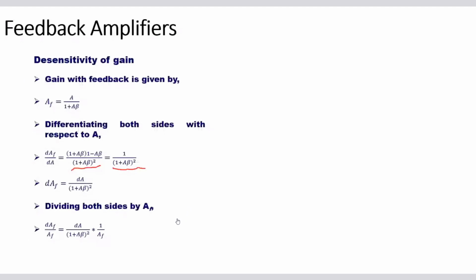You can clearly see that we are just multiplying or dividing by AF on both sides, and now my equation changes to the equation that has been given here.